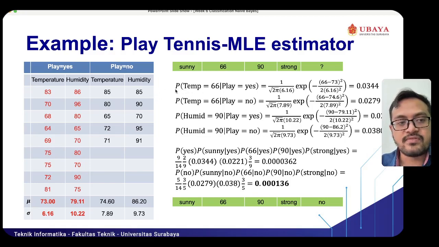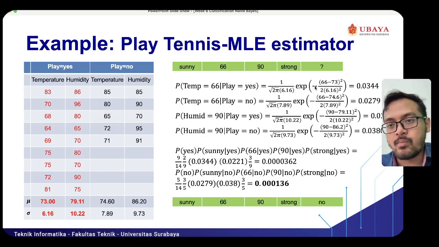This is the new observation that we want to predict: if the temperature equals 66 Fahrenheit, for example, and playing tennis equals yes, we use the previous formula, 1 divided by square root of 2π multiplied by 6.16. 6.16 is the standard deviation of the temperature, right? 6.16 for playing tennis equals yes is the standard deviation for the temperature given playing tennis equals yes.